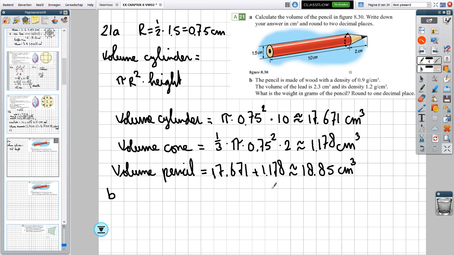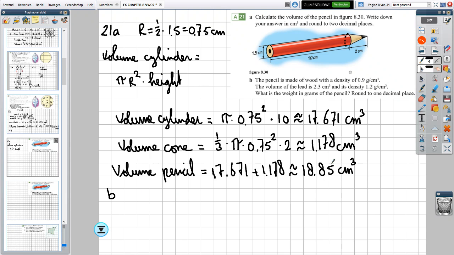Let's take a look. How can we calculate this one? Oh, luckily they give us what the volume of the lead is. I was misthinking about this, because otherwise it's going to be difficult. So there is a total volume of 2.3 cubic centimeters of lead in there.